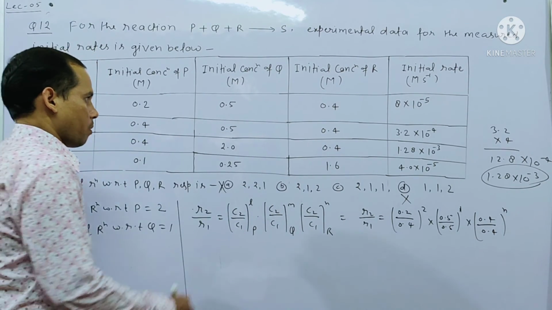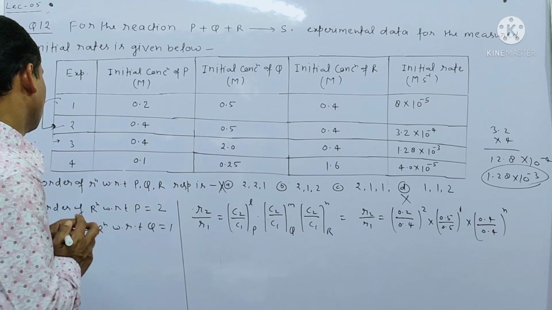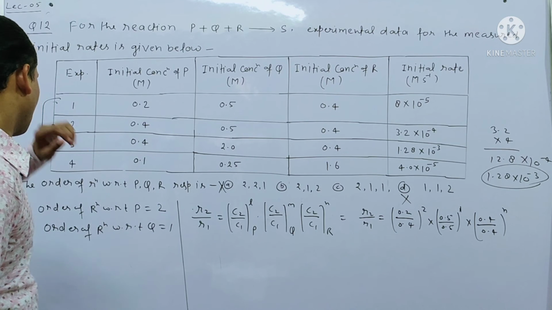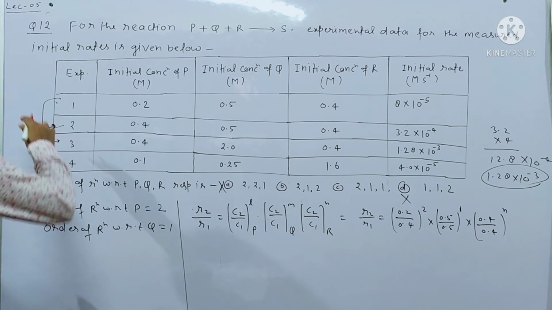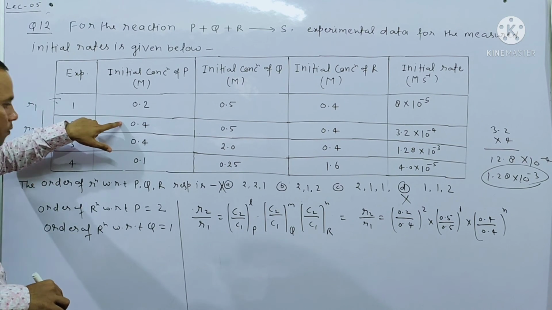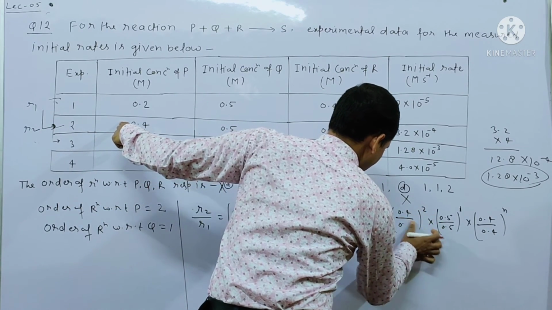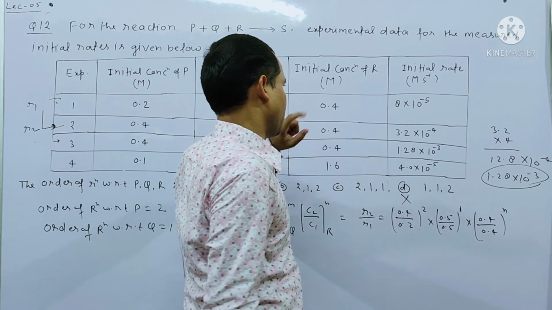Let's take this rate as R1 and this as R2. So 0.4 upon 0.2, 0.4 upon 0.2.